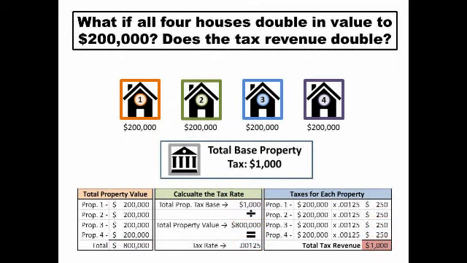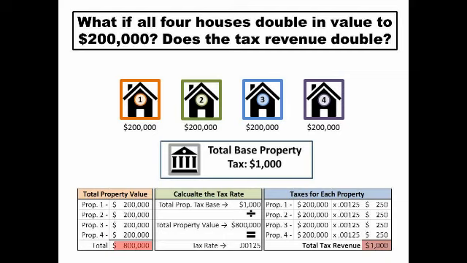Let's assume that all 4 houses double in value, and so now they equal $200,000. The total base property tax is still $1,000. The revenue received to provide those core governmental services is $1,000, and this is how that works out. Once again, you can see our total value is now $800,000.